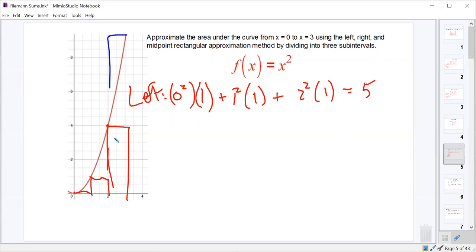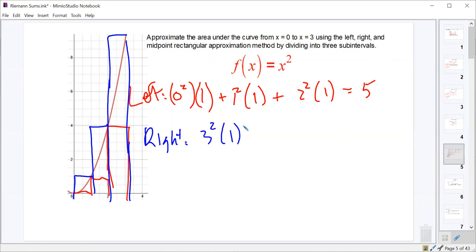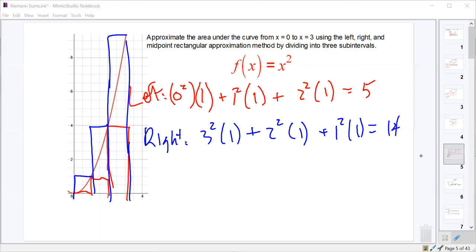The right approximation gives us 9, 4, and a 1. Three squared times 1, height times length of subinterval, and so on. And what does that come out to be? 14. And with the midpoint, the midpoint of 0 and 1 is 1/2, squared is 1/4 times the 1.